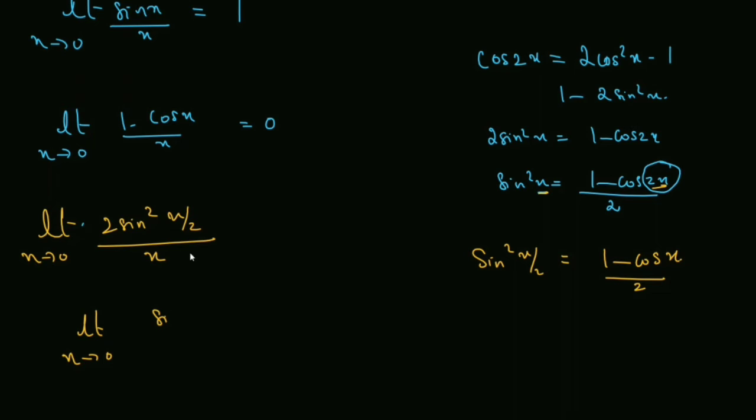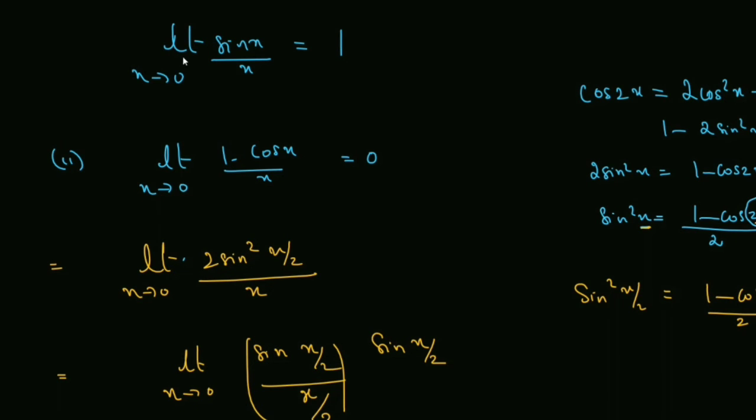We can write this as sin x by 2 into sin x by 2 by x, and this 2 we can bring down.